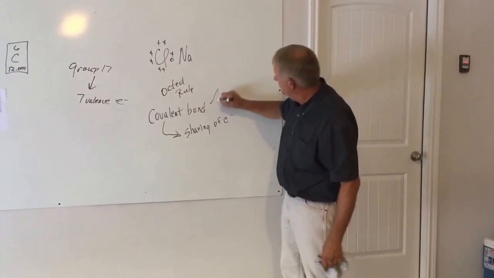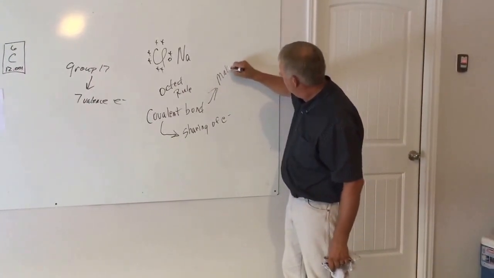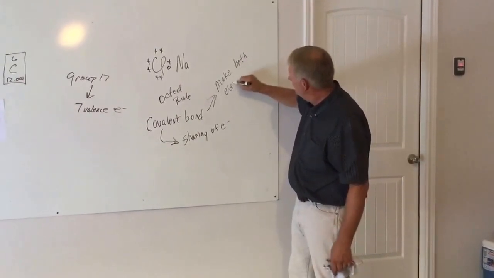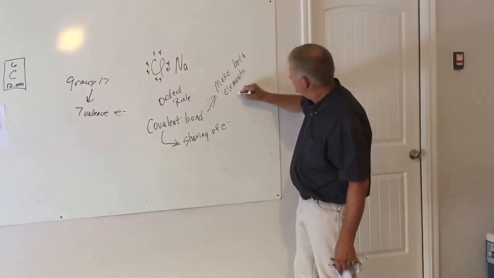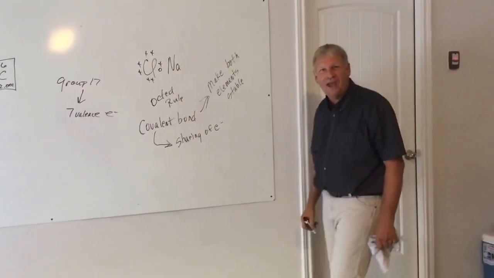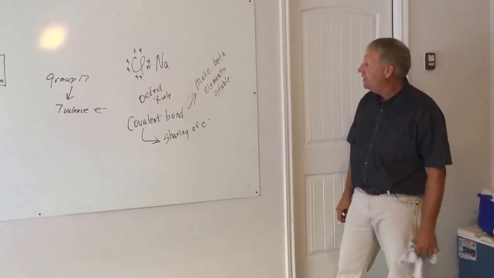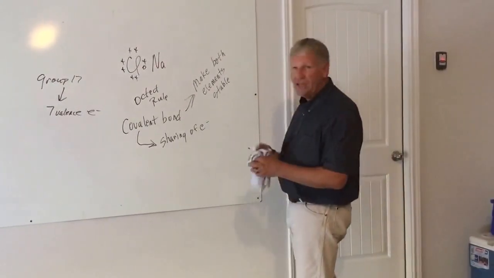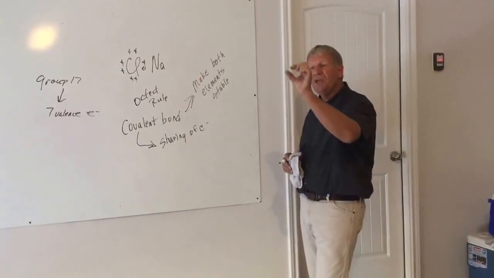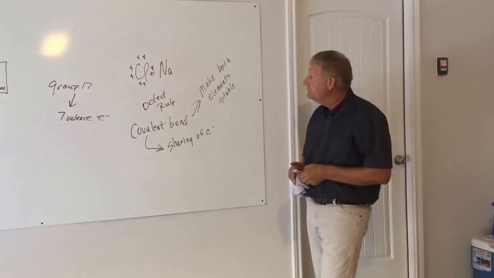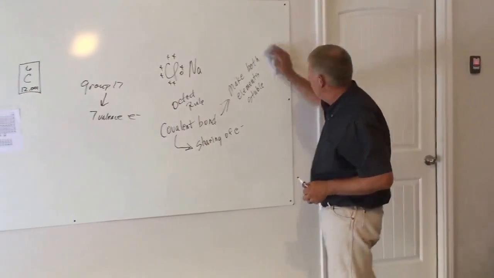Covalent bonds make both elements stable. Oh, well, it took us a while to get back to stable, didn't it? So covalent bonds make both stable. We share to try to get the octet rule, or if nothing else, make sure all the electrons are paired with another electron.